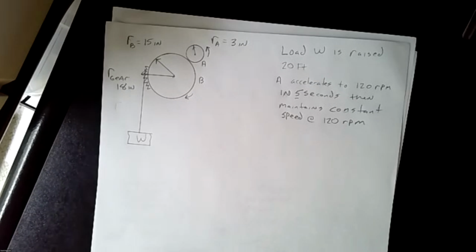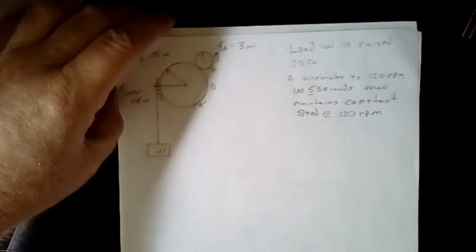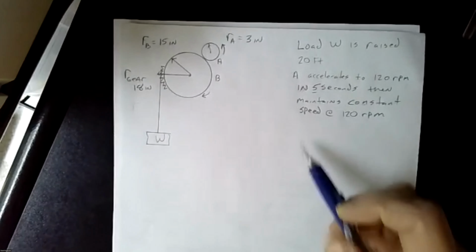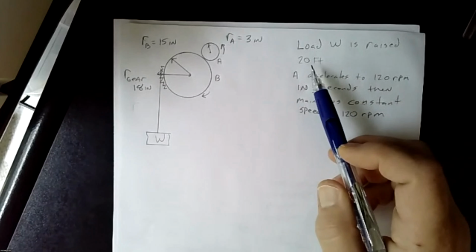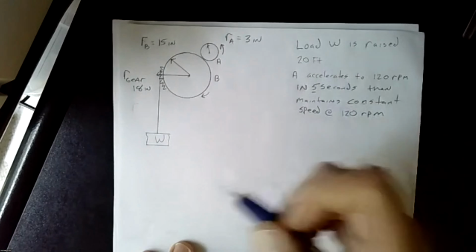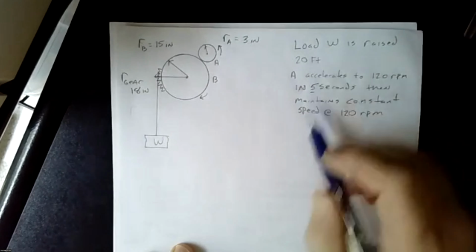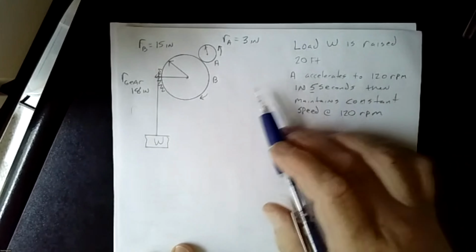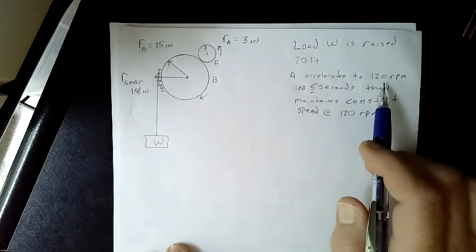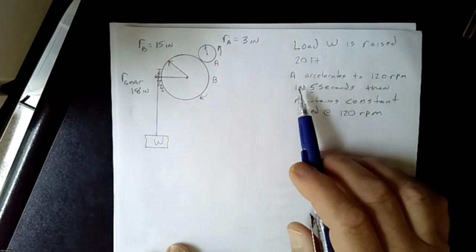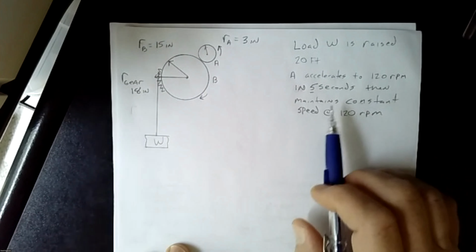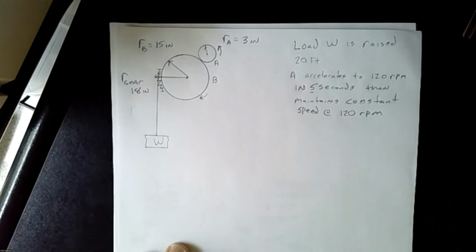All right, so the load W, not omega, so hazards. So my weight is raised 20 feet. Now, A accelerates from 0 to 120 RPM in 5 seconds, then maintains constant speed at 120 RPM.